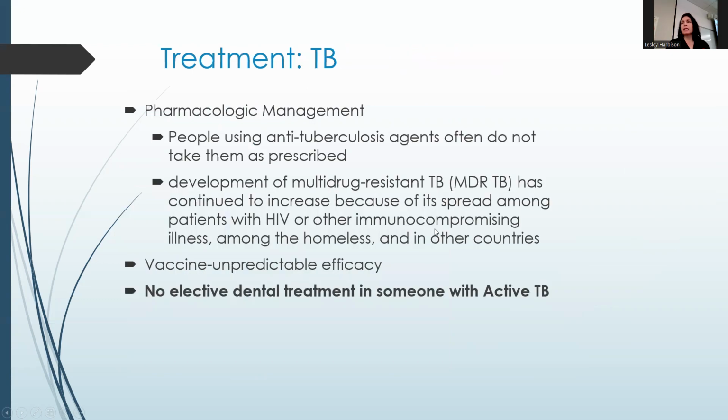And let's see. So, pharmacological management. Tuberculosis is hard to treat because it takes such a long time to treat. And so a lot of times there's not good compliance. And that's basically the big take-home point. People using anti-tuberculosis agents often don't take them as prescribed.